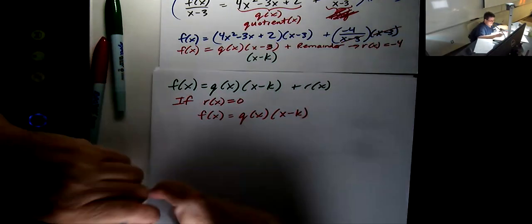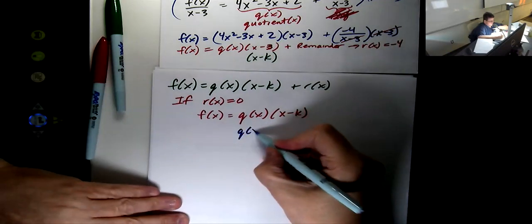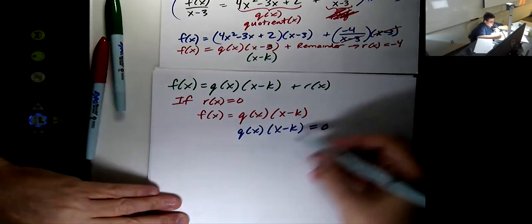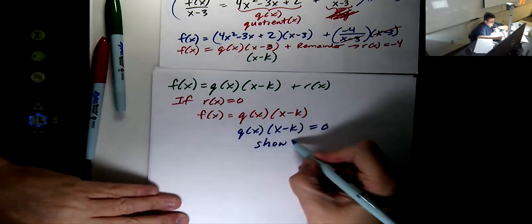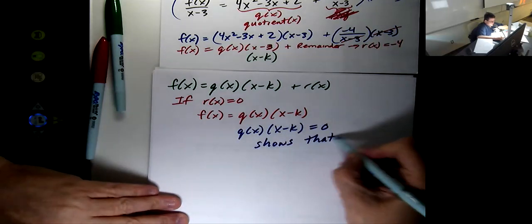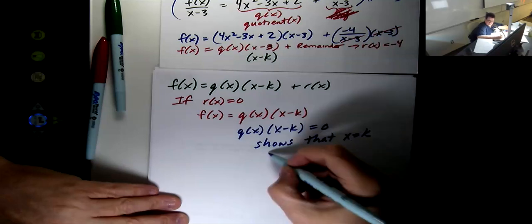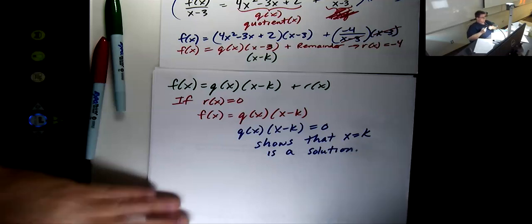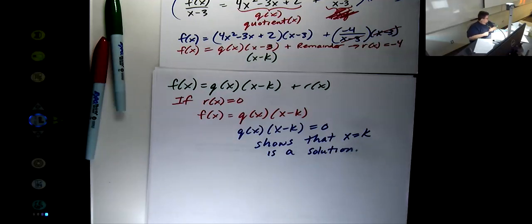And if I set this equal to 0, it shows that x equals k is a solution. So this is called the remainder theorem.